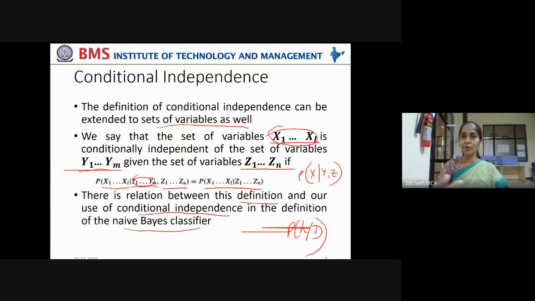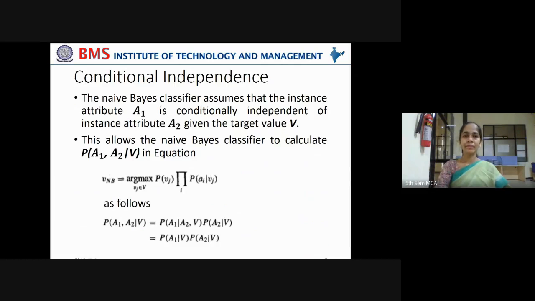Okay, so you are able to find some relationship between the naive-Bayes classifier and the Bayesian belief network. It will be more clear for you as you go further. Now the naive-Bayes classifier assumes that the instance attribute A1 is conditionally independent of the instance attribute A2 given the target value V. Now let us make it simpler and represent it with respect to Bayes theorem and the naive Bayes classifier, and slowly come back to Bayesian belief networks.